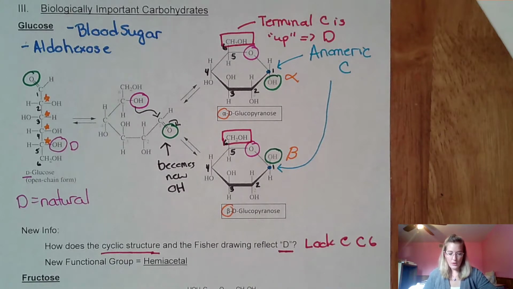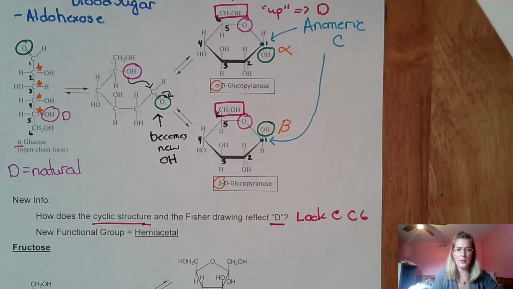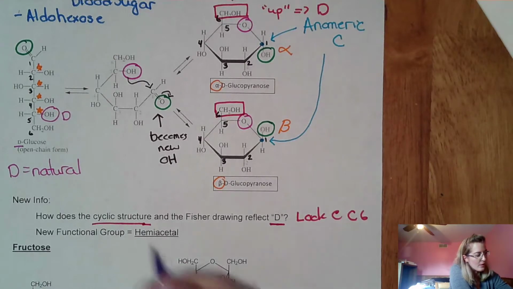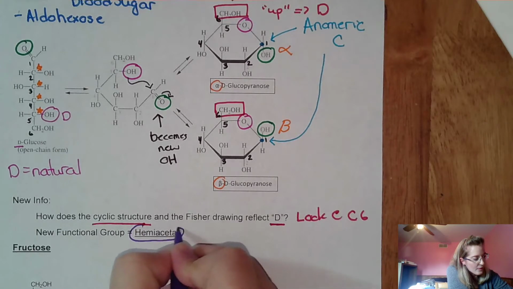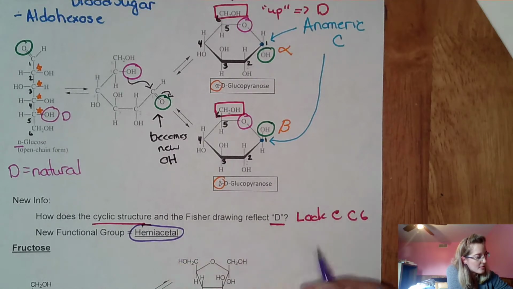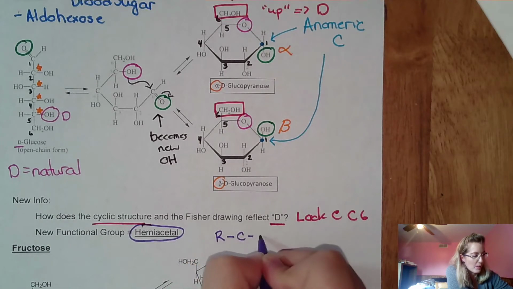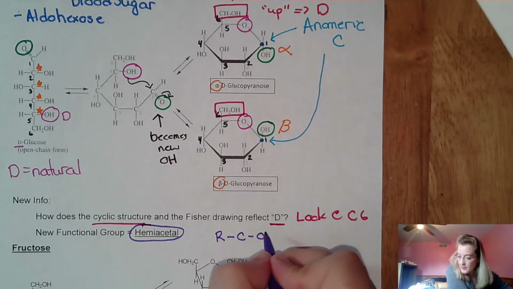One other thing to look at. We do have a new functional group that I want to point out, just because it comes in a little bit later, although we don't hit this terribly hard, which is a hemiacetal. So a hemiacetal is any group that has this. R just stands for something, we don't care what it is, carbon-based something.